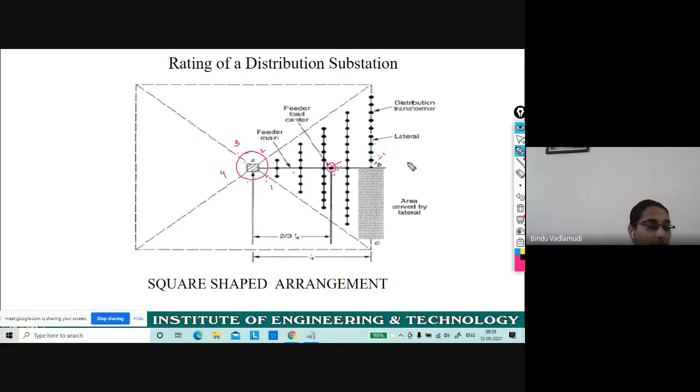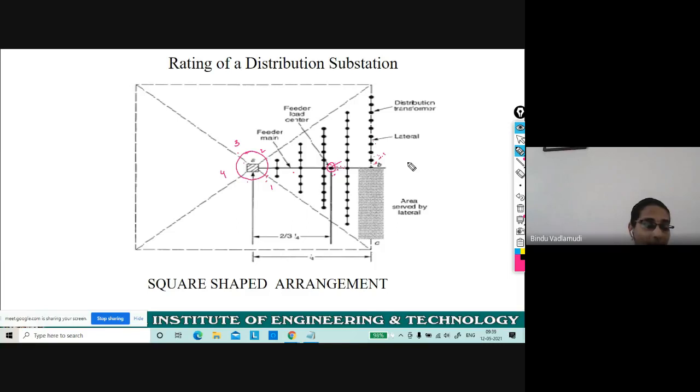The units for the load density are kVA per unit area.